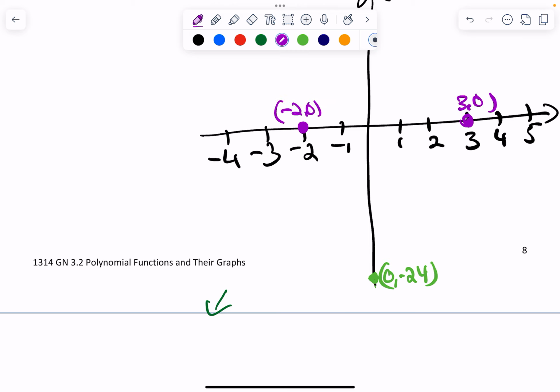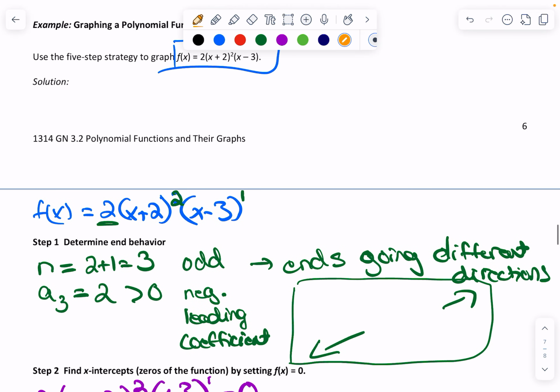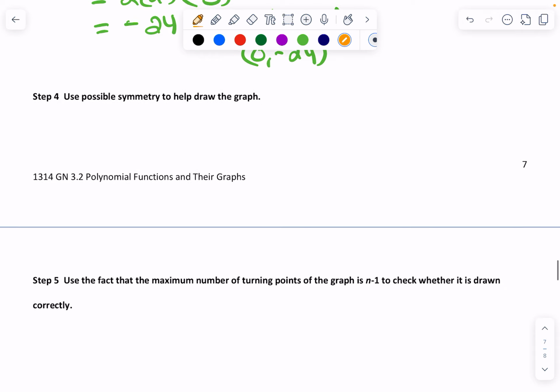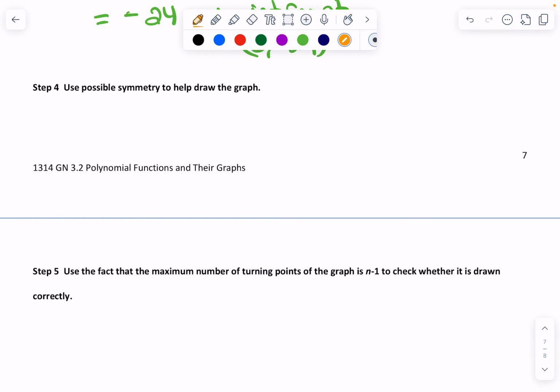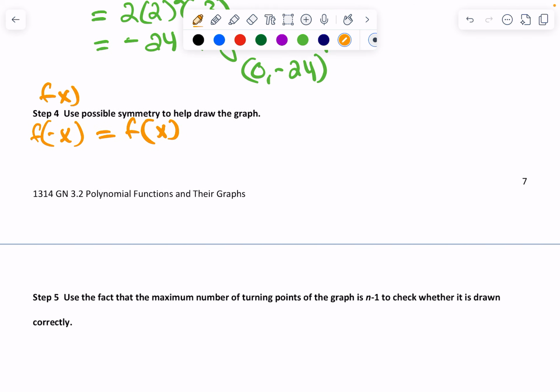So what does that mean? We're going to look at whether there is y-axis symmetry or origin symmetry. So we're going to see if f of -x equals f of x. Our original f of x is 2 times (x plus 2) squared times (x minus 3).